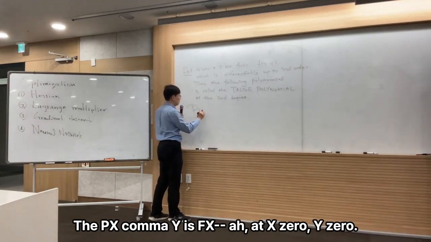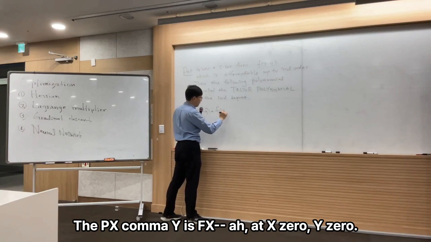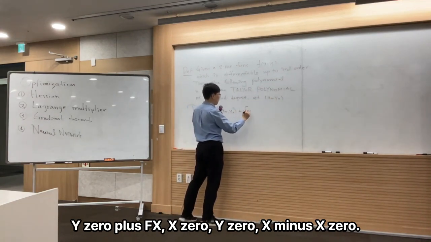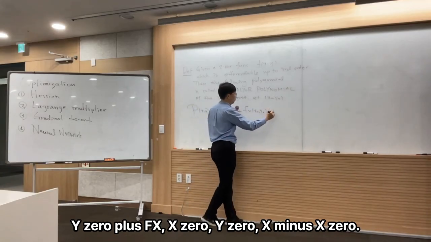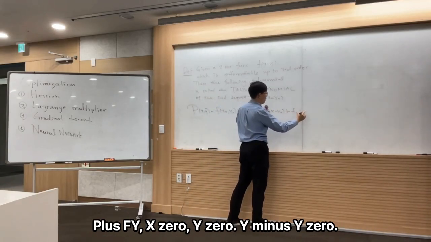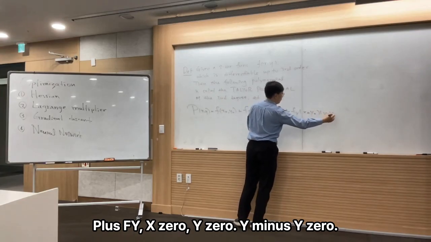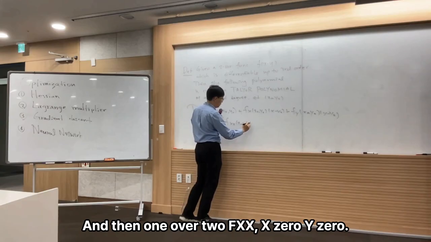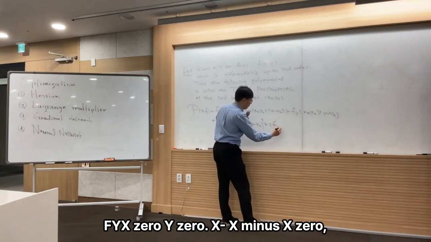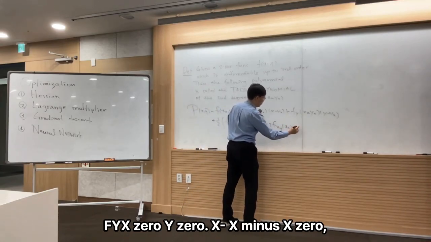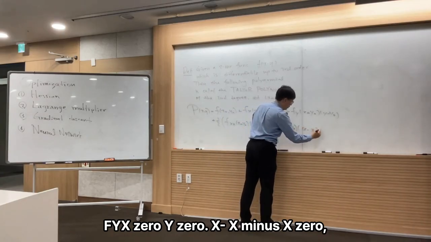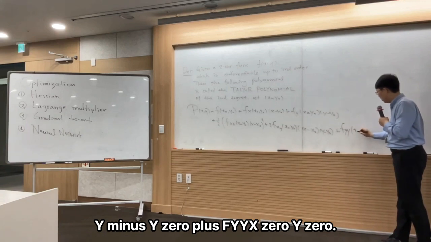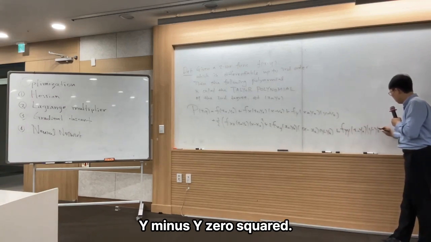So P of x, y is f at (x0, y0) plus f_x at (x0, y0) times (x minus x0) plus f_y at (x0, y0) times (y minus y0), and then 1/2 [f_xx at (x0, y0) times (x minus x0) squared, plus 2 f_xy at (x0, y0) times (x minus x0)(y minus y0), plus f_yy at (x0, y0) times (y minus y0) squared].